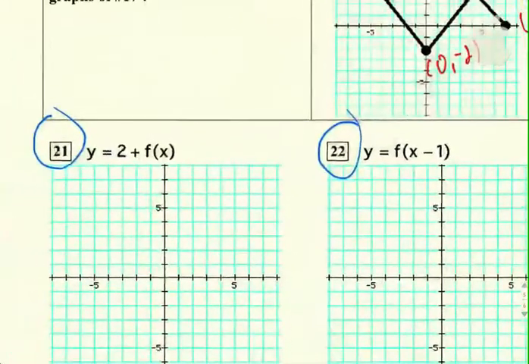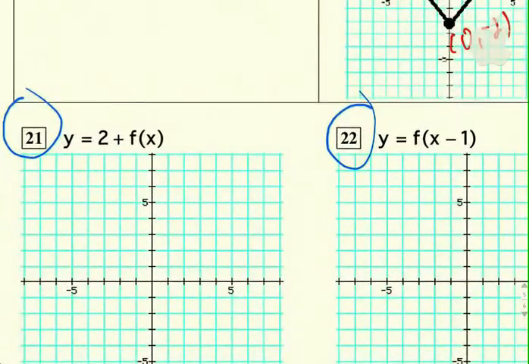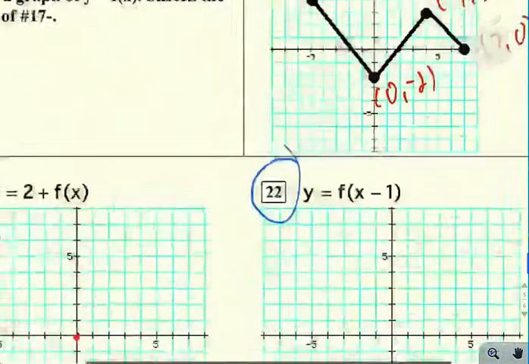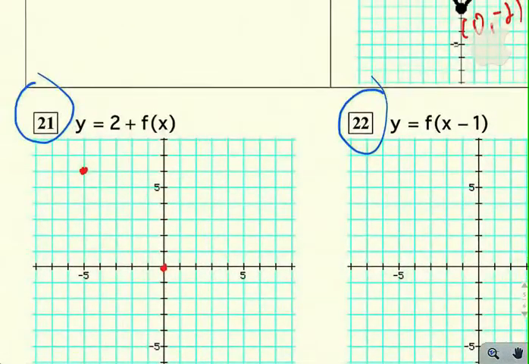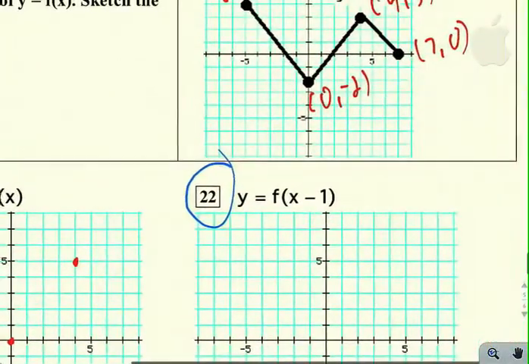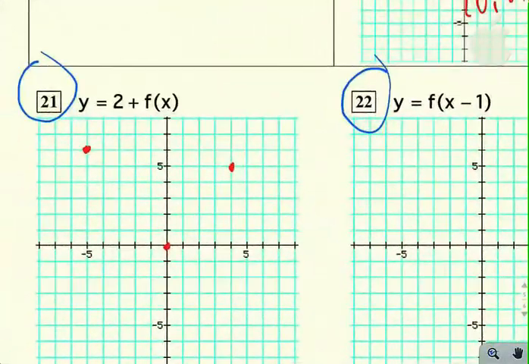So we're going to have negative 5, comma, 6. Instead of 0, negative 2, we'll have 0, comma, 0. Instead of 4, 3, we'll have 4, comma, 5. And instead of 7, 0, we'll have 7, comma, 2.